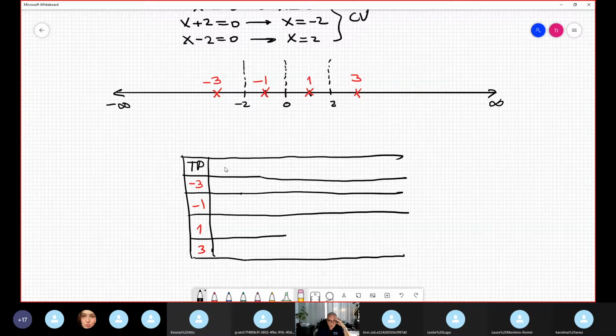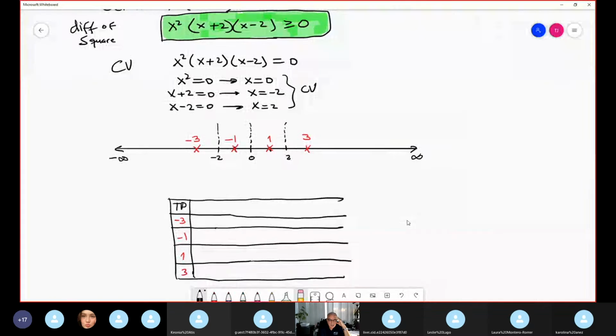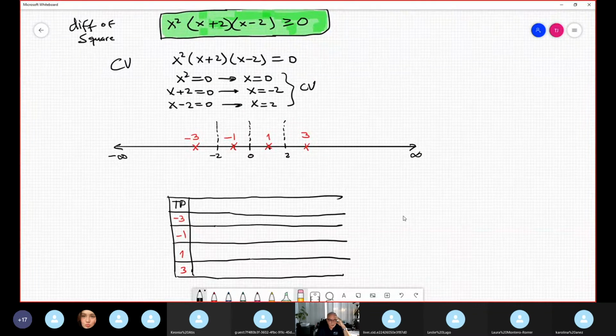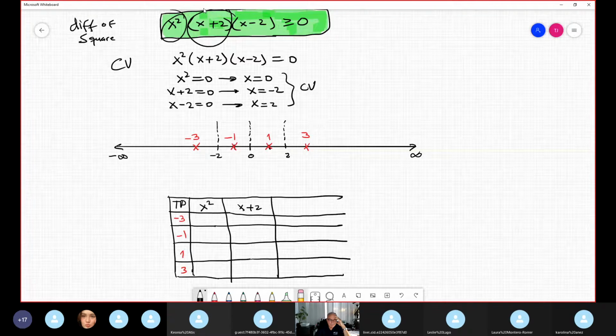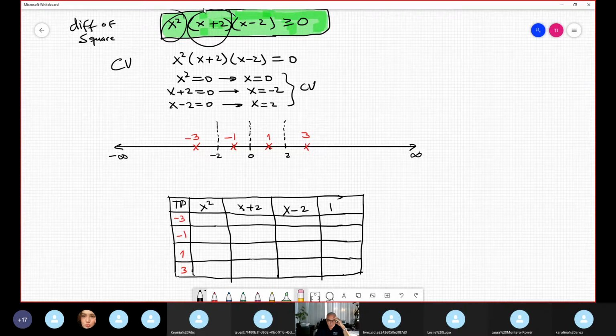Now, the columns will be the factors: x squared, x plus 2, and x minus 2. And don't forget the important last column, the total column.